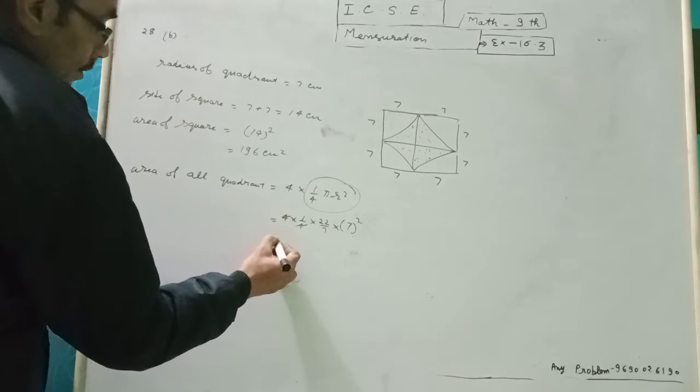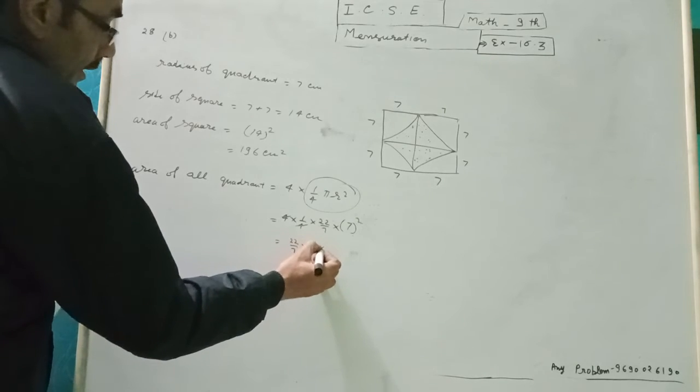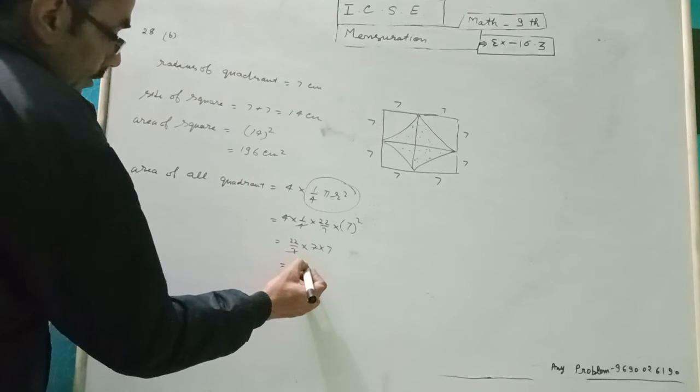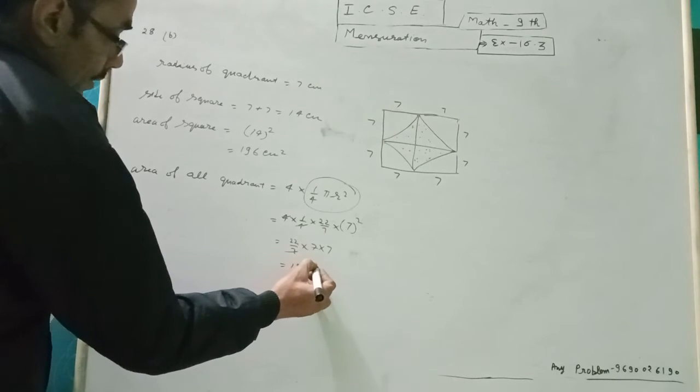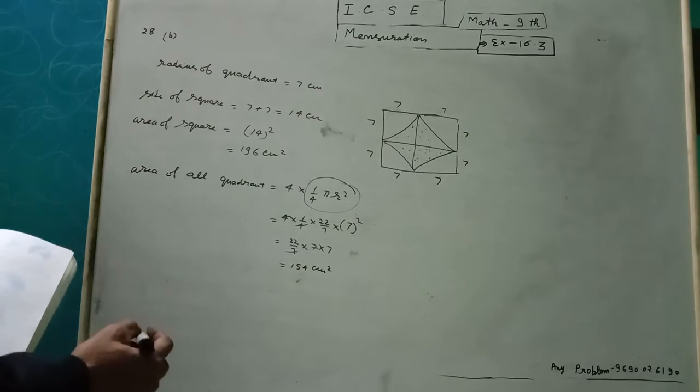That gives 154 cm square, which is without the shaded part.